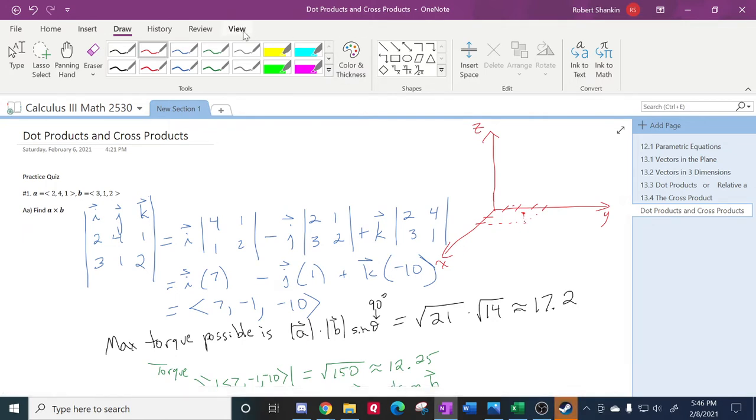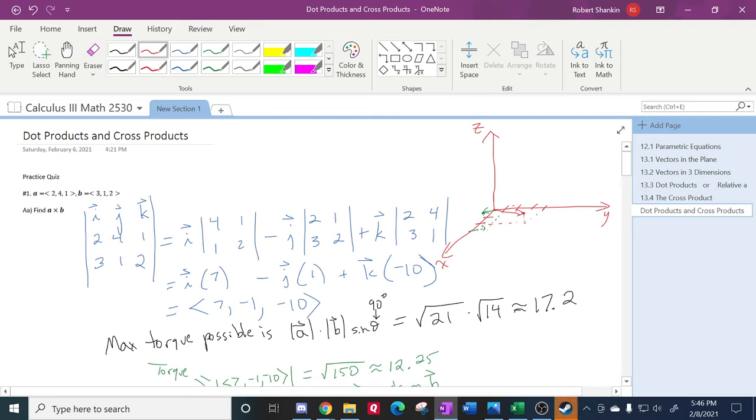And then the B, I'll do that in green: 3, 1, and 2 up. And you see the green vector and the red vector are not really pointing in the same direction.